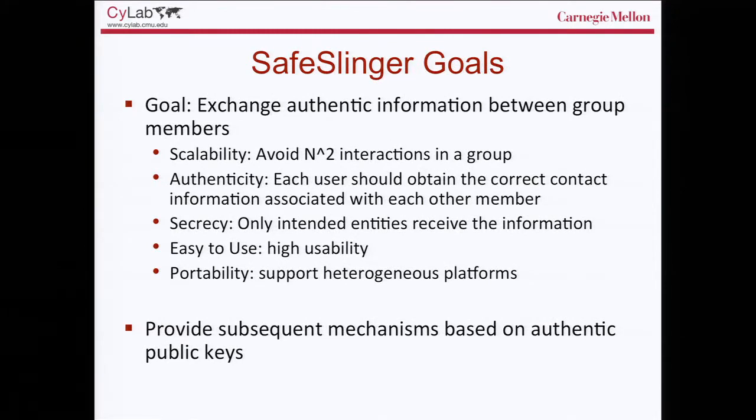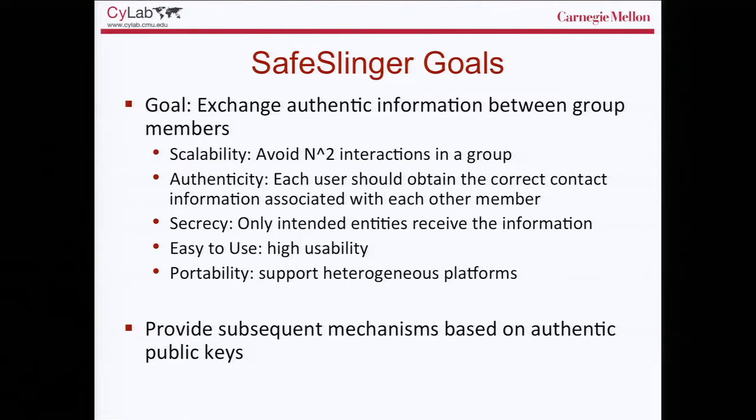So our goals are ambitious. We want easy to use, and we want high security. We want scalability. Right? We don't want to have separate pairwise interactions in a large group. We want authenticity. We want to be sure at the end of this protocol that everything we exchanged was sent by the exact people we expected. We want secrecy. We don't want to leak any information no matter what communication channel we use.